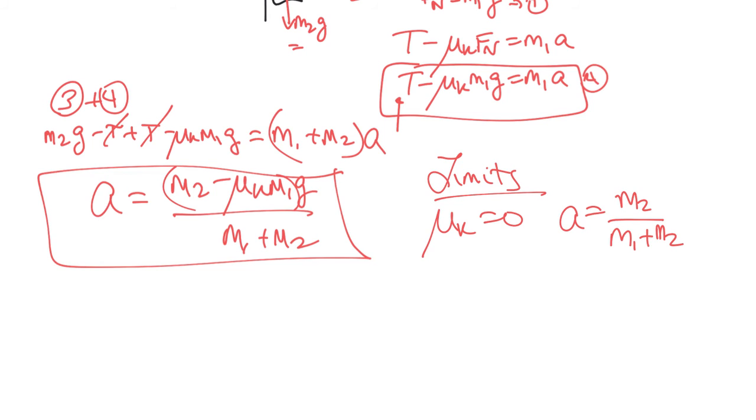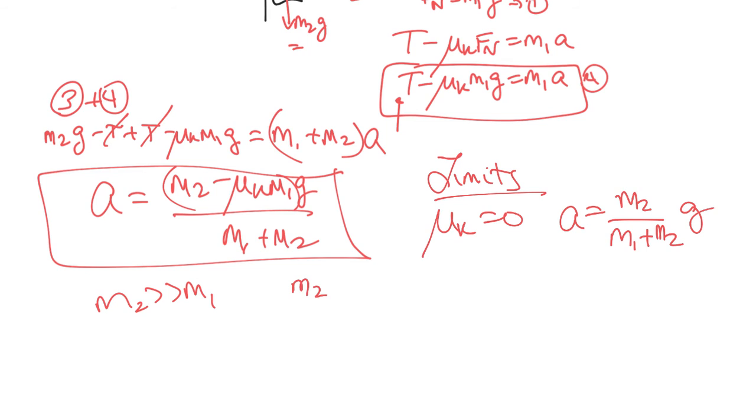And this, of course, is the result of a half-Atwood's machine with no friction, right? Because it's only the weight of M2 providing that acceleration, and you've got the total inertia of M1 plus M2 resisting you.